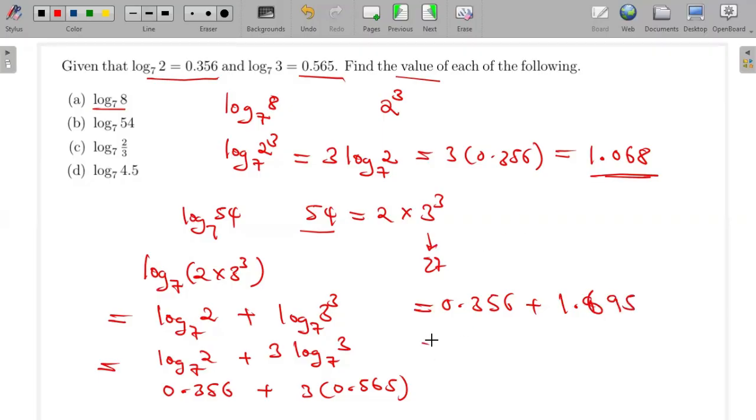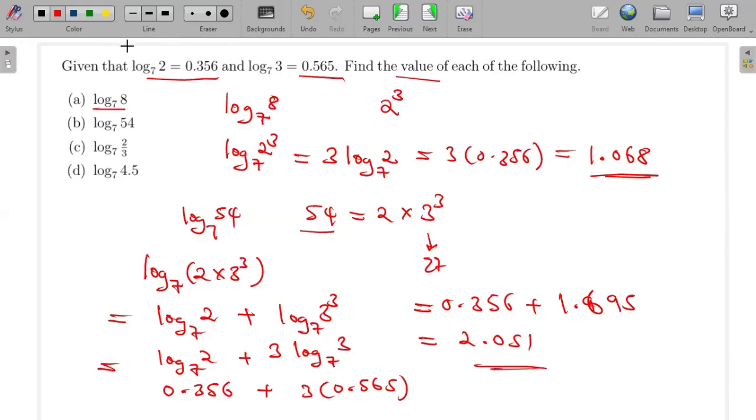So I get that to be 1.695. And then here I just add the 0.356, and then I just get that my answer is 2.051. Okay, so that's what I get for the second one.